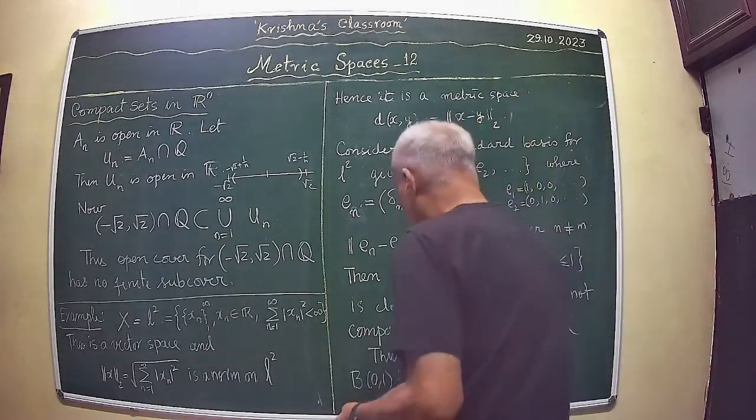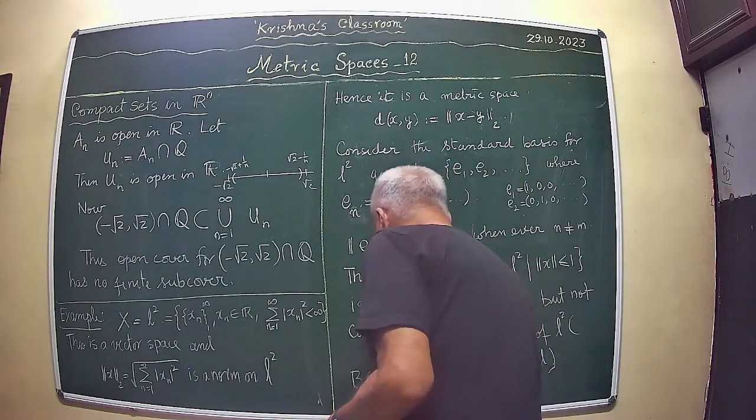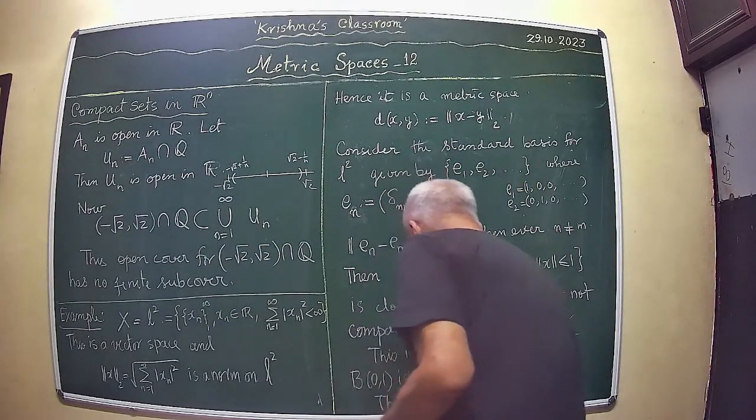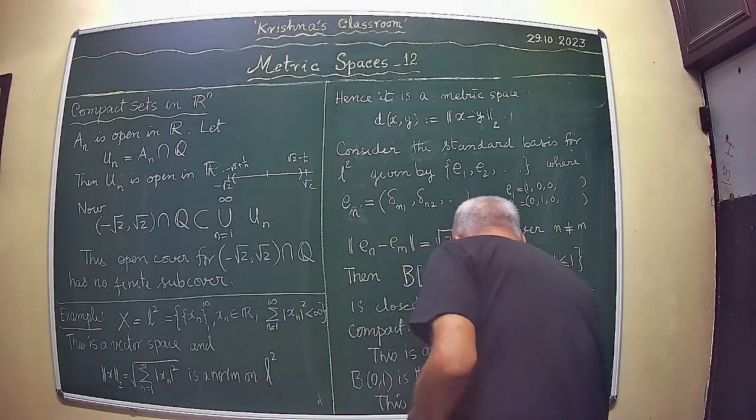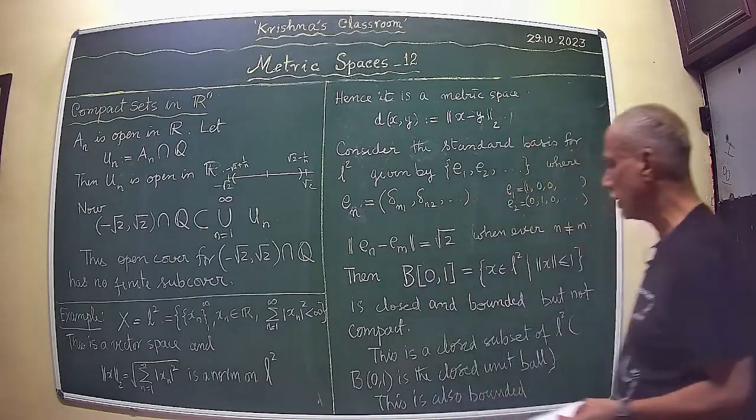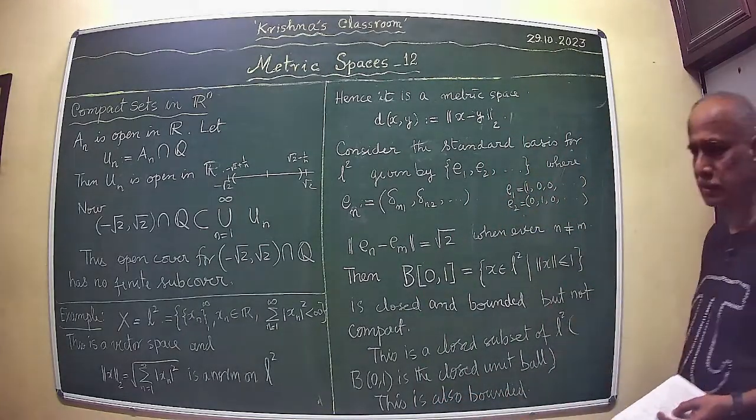Now this is also bounded because it has a diameter 2.